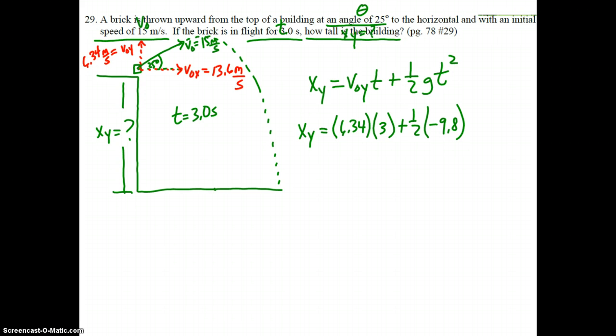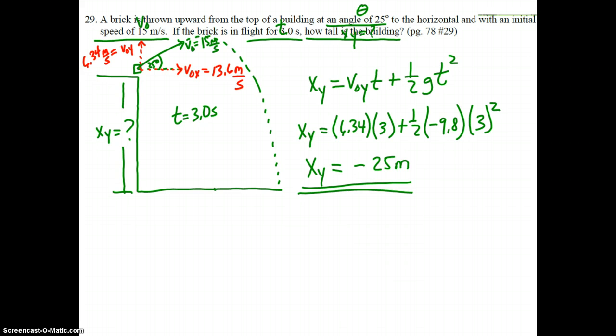The 6.34 meters per second is upward, therefore we have to assign the g value, which is downward, the opposite sign, so therefore it's negative. T is 3, you have to remember to square it. Looks like we have everything we need in order to calculate this question nicely in one step. Go ahead and do that. Pause and check your answer, and we get negative 25 meters.